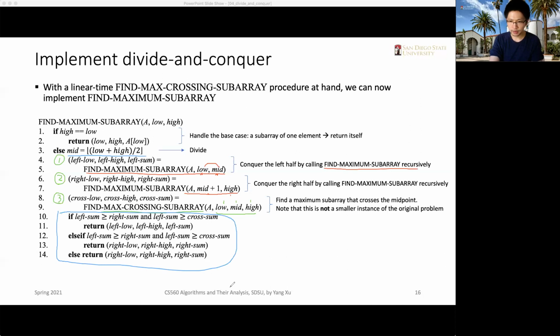I also noticed line 12, which someone pointed out. So if left sum is bigger than right sum and left sum is greater than cross sum, I think this needs to be fixed.